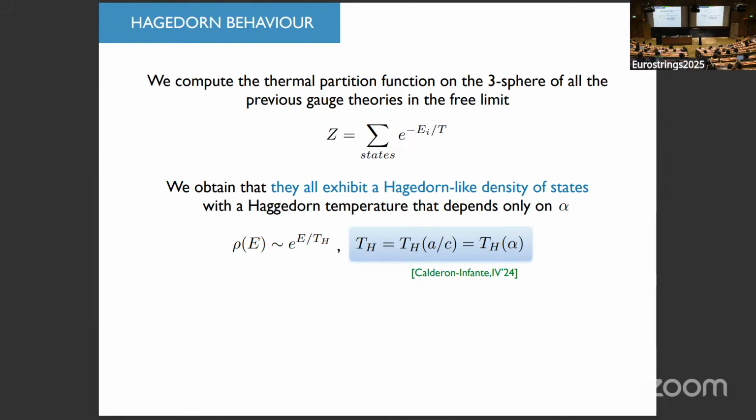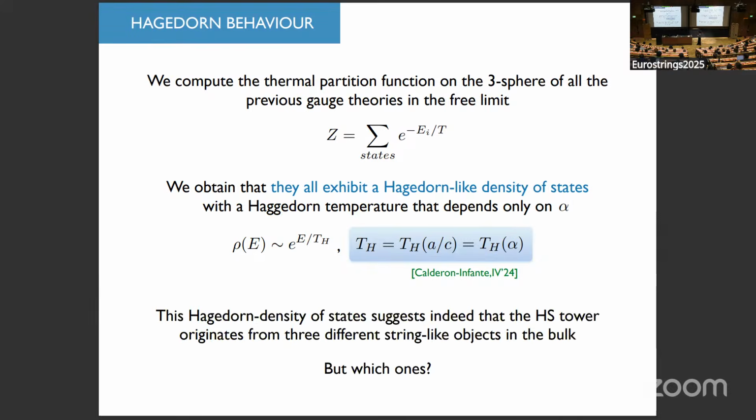We give a universal result for the Hagedorn temperature that depends purely on the value of alpha, or equivalently on the ratio between A and C, so that we have a different Hagedorn temperature for each of these three types of CFTs. This suggests that indeed they correspond to some stringy-like object.